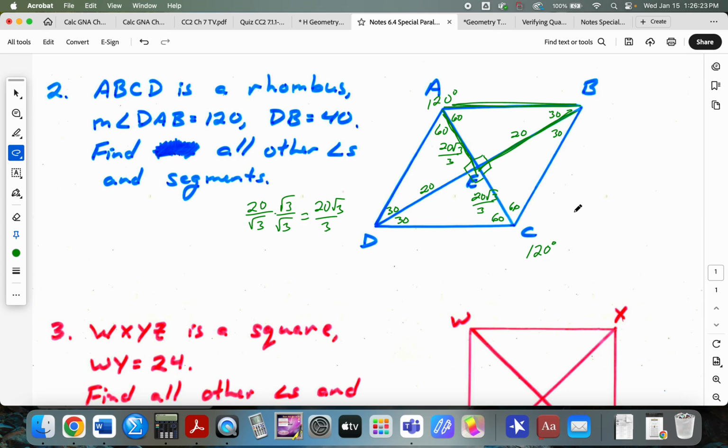And then in the 30, 60, 90 triangles, what do we do to the short leg to find the hypotenuse? Times 2. So this would be 40 square root 3 over 3. Yes. And in fact, since it's a rhombus, all of those sides have to be 40 square roots of 3 over 3. How'd you get that? I multiplied the short leg times 2. 20 square roots of 3 over 3 times 2 is 40 square roots of 3 over 3.